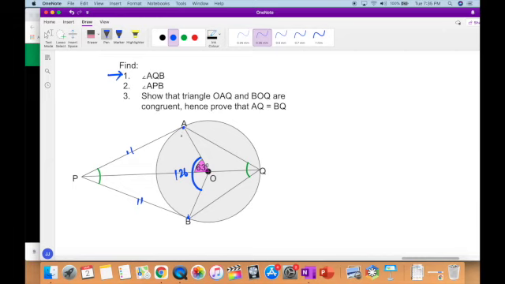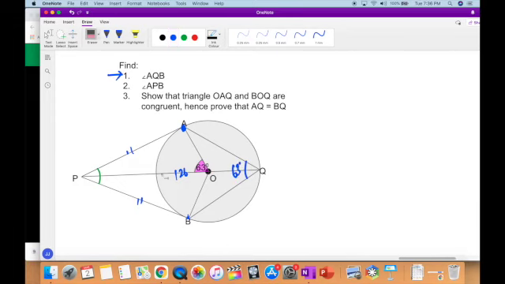So this angle here is 126, and it is subtended by this arc, and it's the angle at the center. So what do we know about angles at the center and angles at the circumference subtended by the same arc, Shazay? Thank you, which means that this angle here is 63. You cool with that, Scotia?